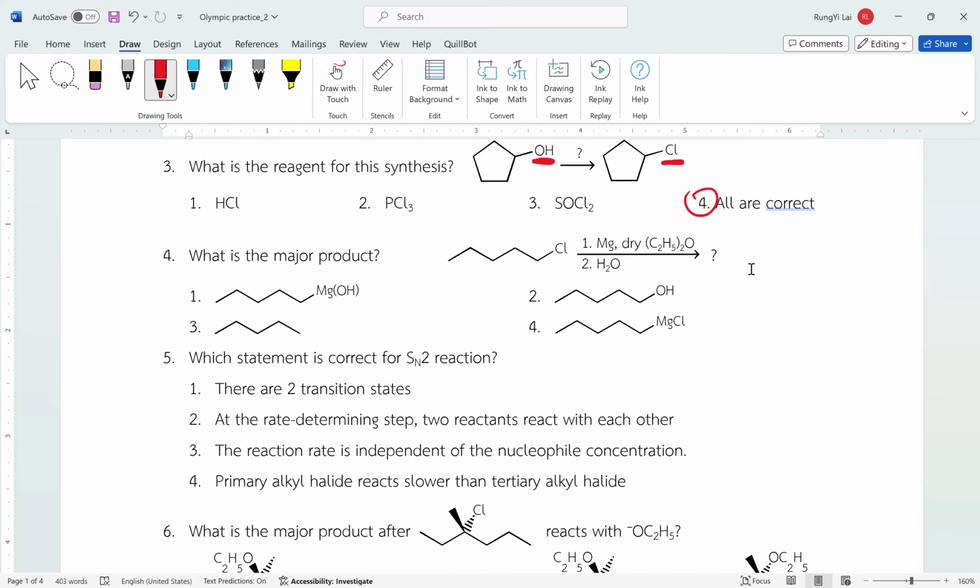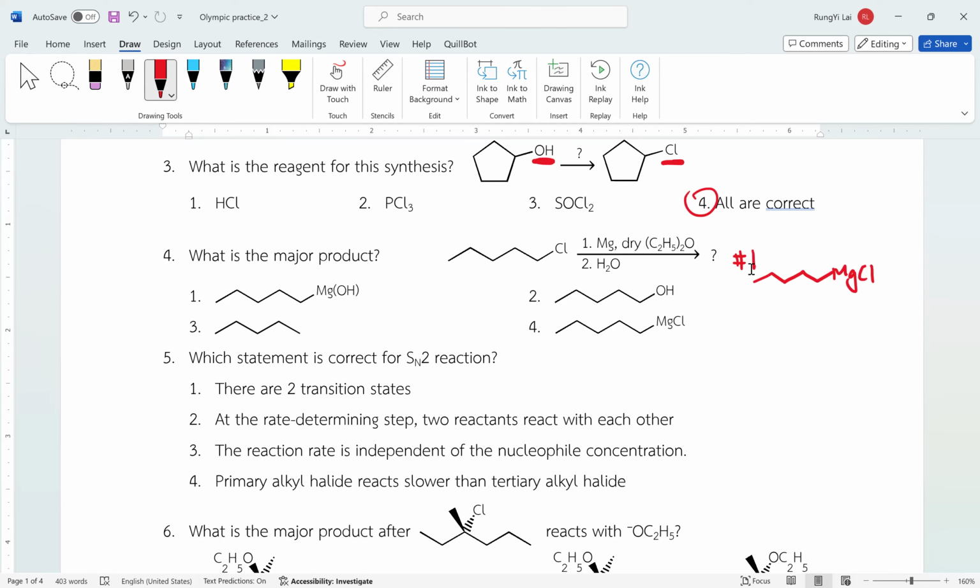So if you see this, you should have a sense. The first stage is the preparation of the Grignard reagent. So after the first step, your product will become MgCl. Okay. So this one would be the first step.